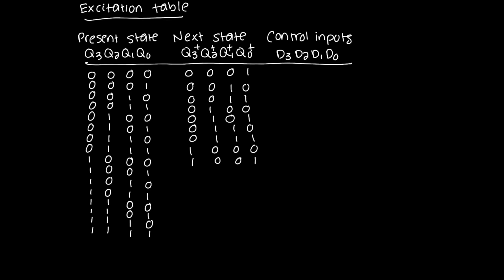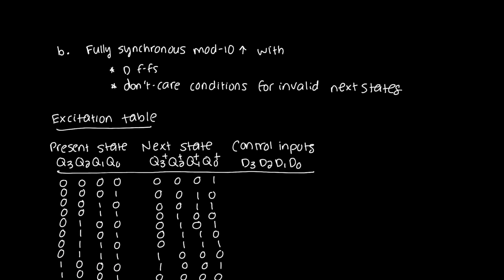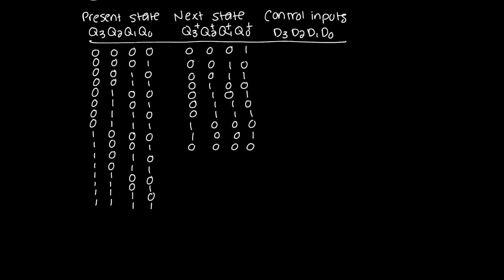So up until state 8 over here, at state 8, I know that at the next clock edge, my next state should be 9. What happens at state 9? After state 9, I want to reset back to 0. Let's put that in. What happens in all these other states? Well, I said up here, for invalid next states, I'm just going to say that I don't care.